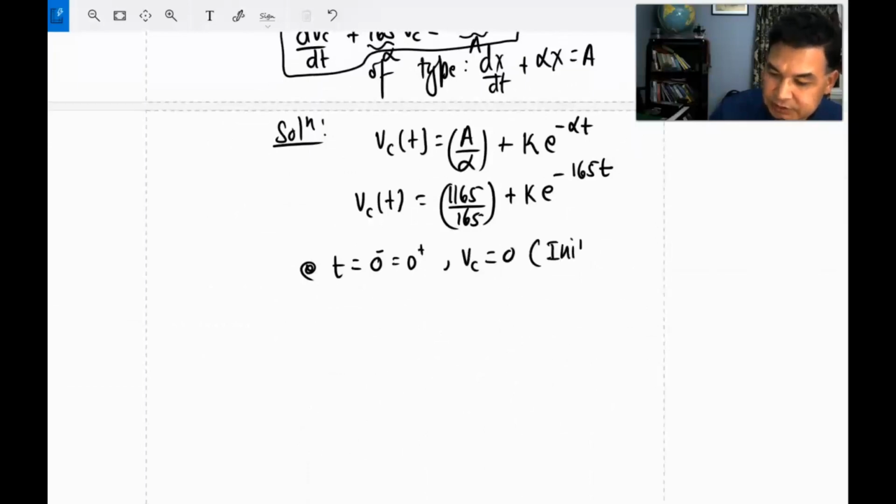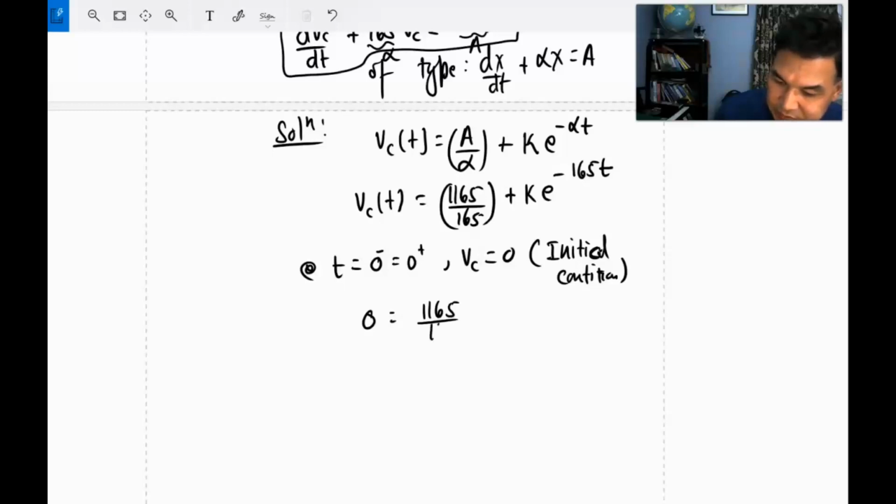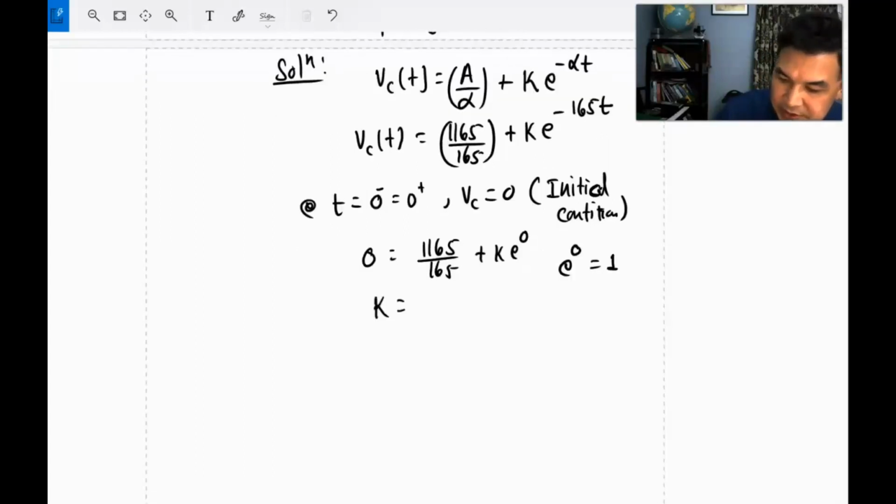So that's your initial condition to find the unknown constant k in that solution. Using that at t equals 0, you get 1165 over 165 plus k e to the minus 0. T is 0, and e to the power 0 is 1. So that means k is negative 7.